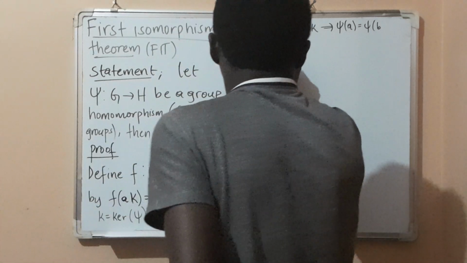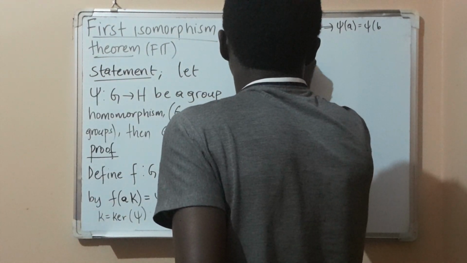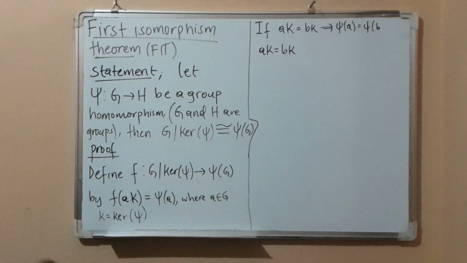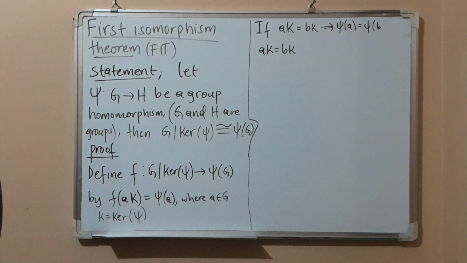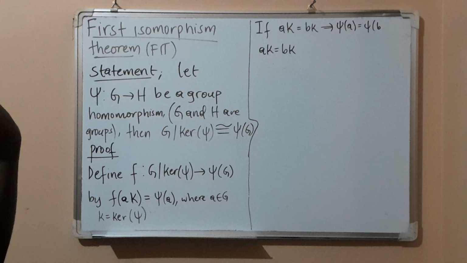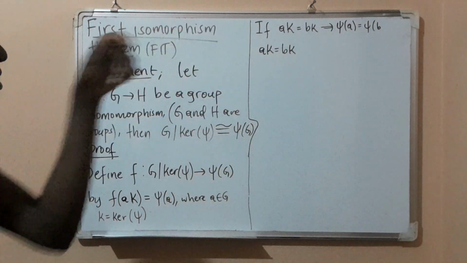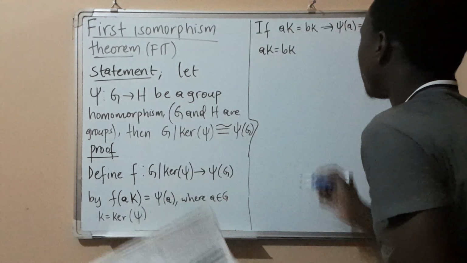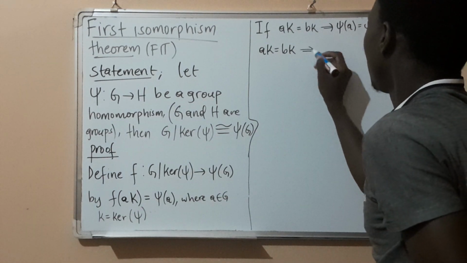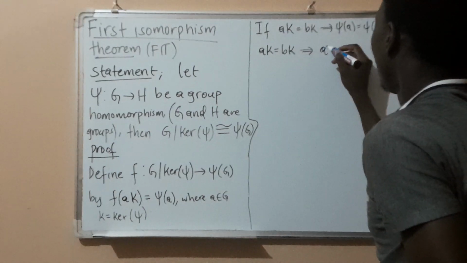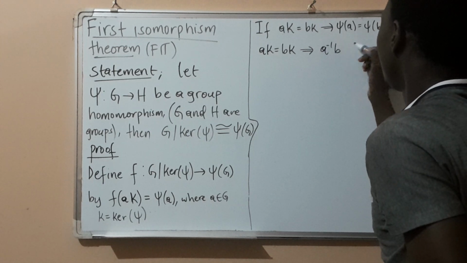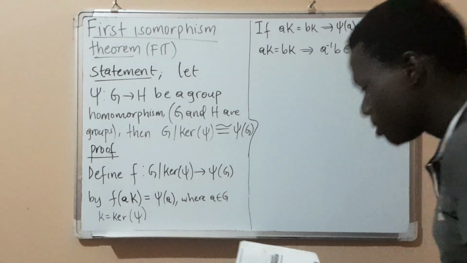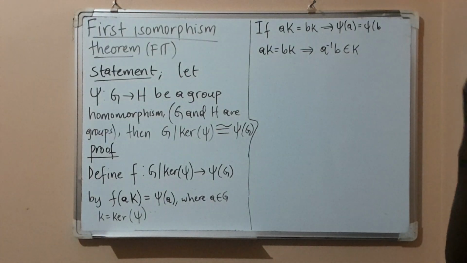So if aK is equal to bK, if two elements within the factor group are equal, what do you think is the implication of that? Think about it. This implies that a inverse b is an element within the kernel.